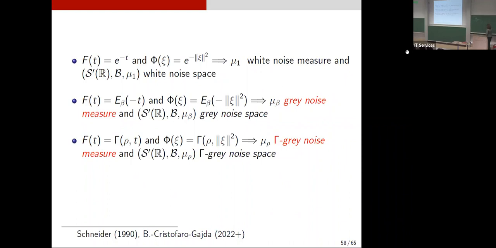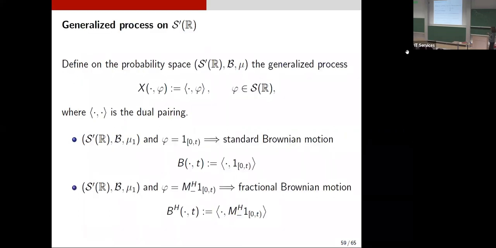So this is the upper incomplete gamma function, and in this case, if we use this function here, then, of course under some other conditions, we can define another, in some sense, grey noise, and so on and so on. Of course, we can find other completely monotone functions that can be used here. And this is, I think, the very last slide, or more or less.